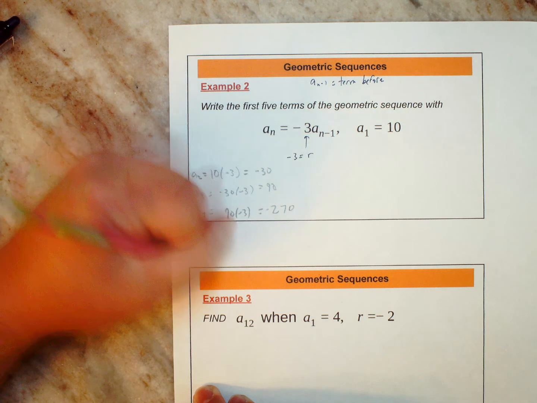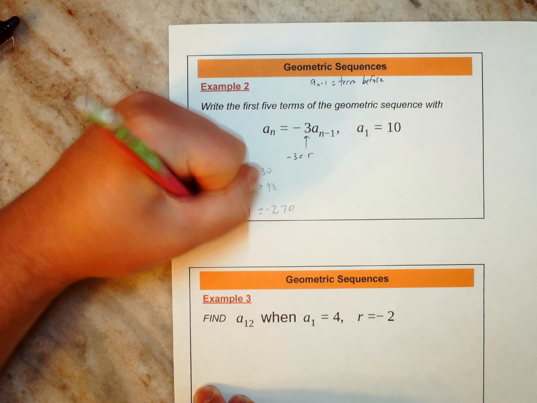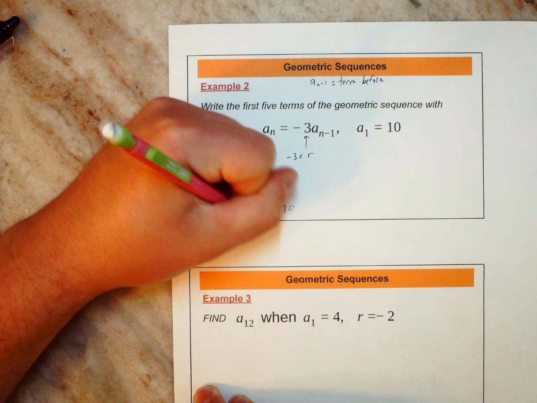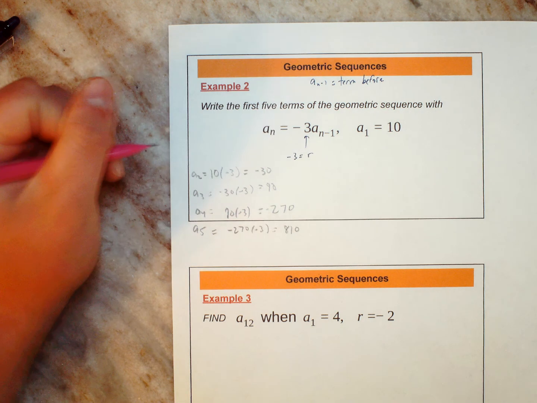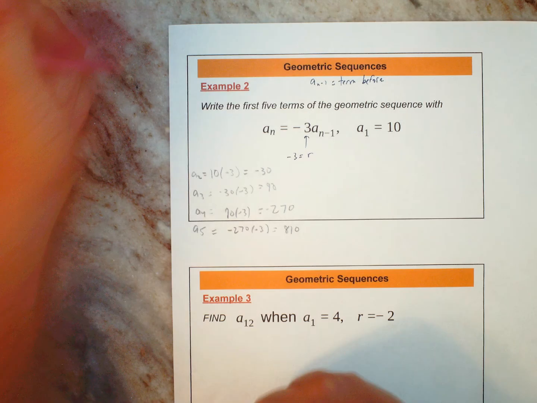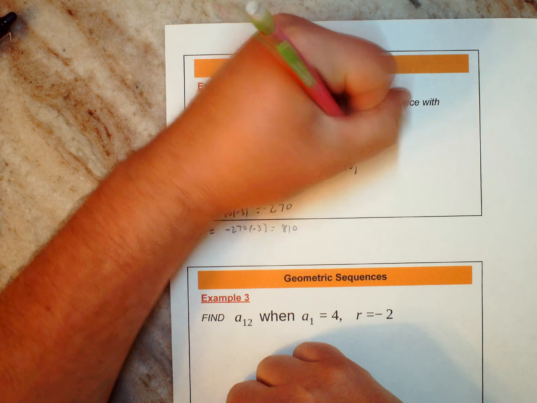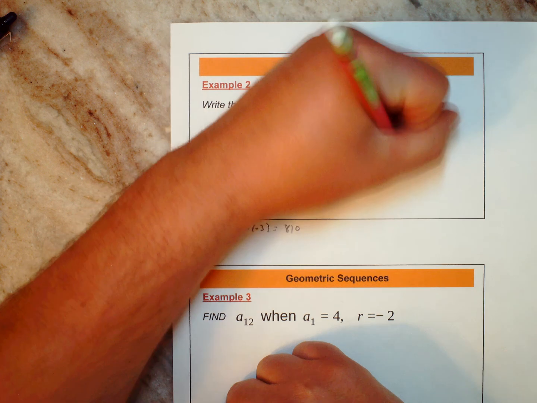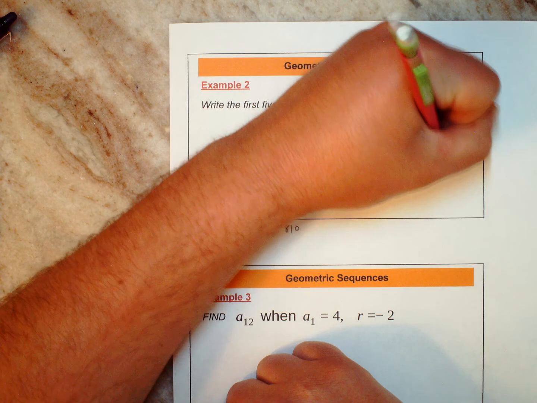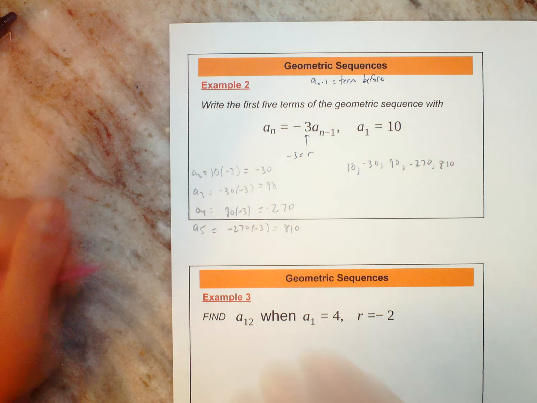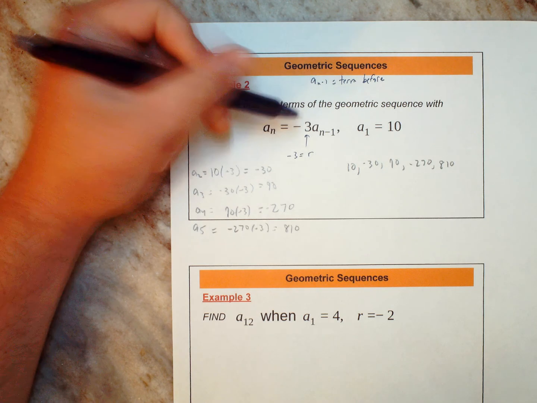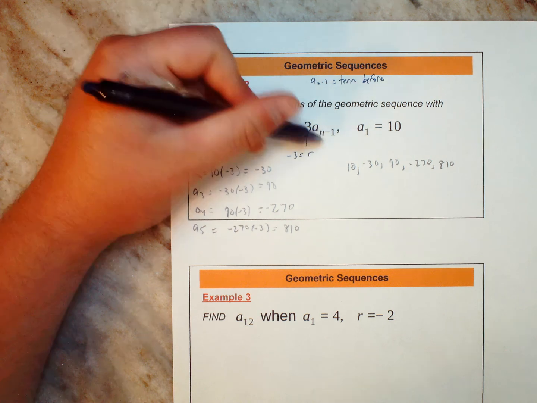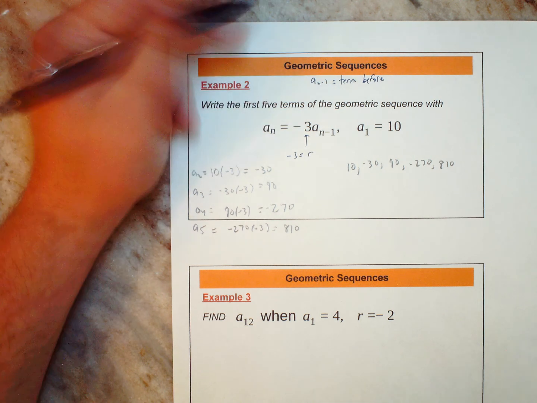And a5: negative 270 times negative 3 equals 810, I believe. Yes, 810. So your first 5 terms are 10, negative 30, 90, negative 270, 810. So the same as the other one. The only kicker here is that they write it out a little differently, saying you're doing negative 3 times the term before it, which is a sub n minus 1.